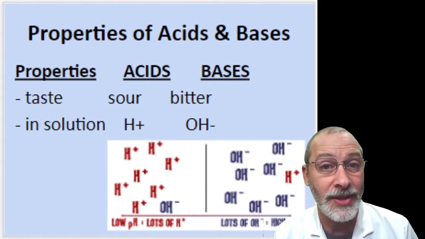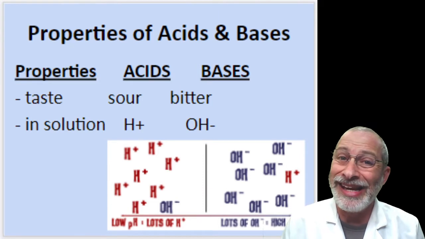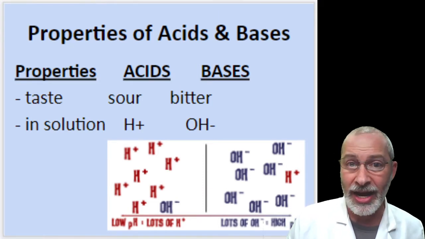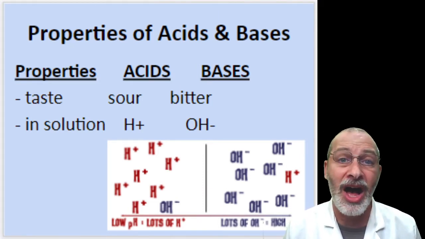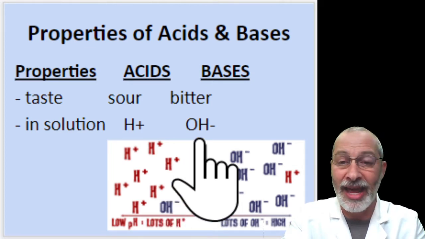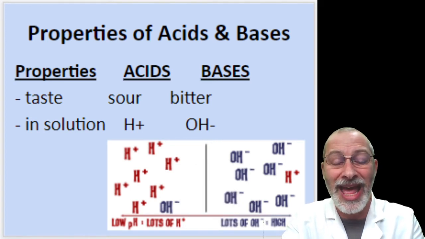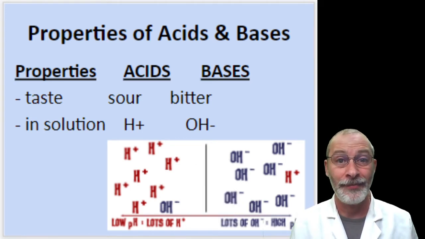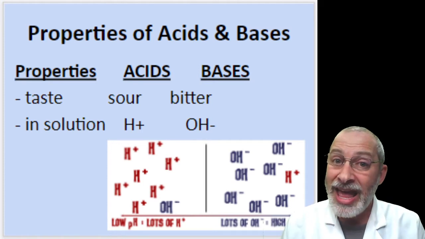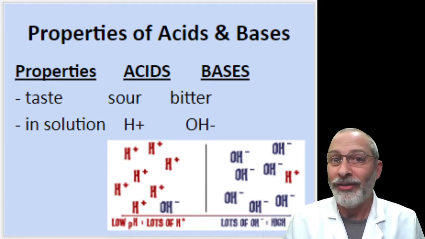Well, what about bases? Bases produce a negative ion, and that negative ion is called a hydroxide ion. It has an oxygen and a hydrogen that is negatively charged. That negative ion, that OH, I'll give you another hint.